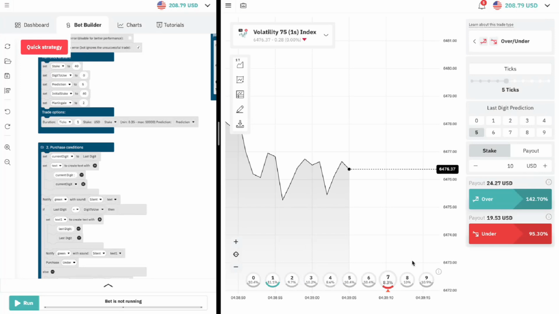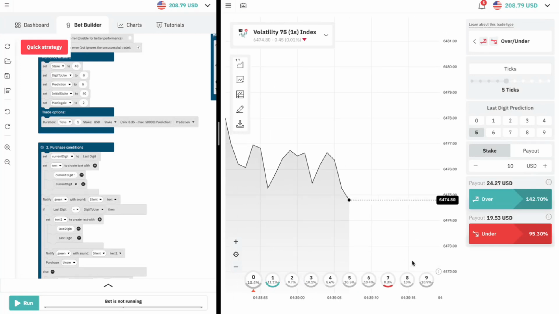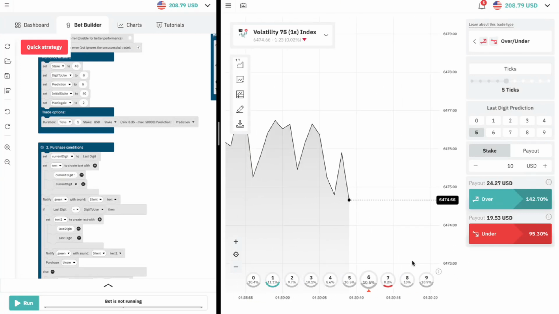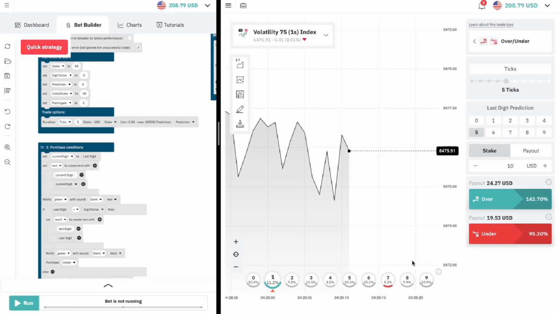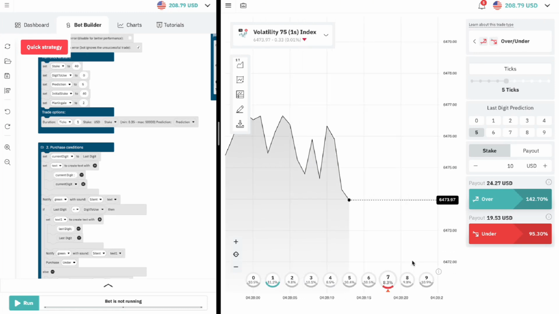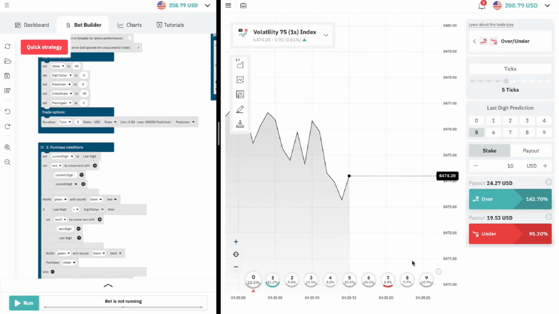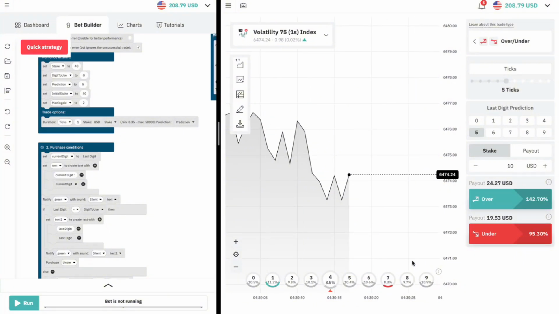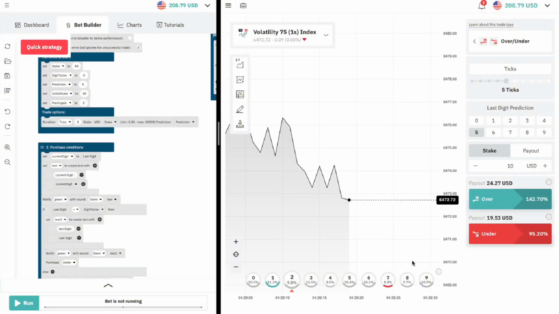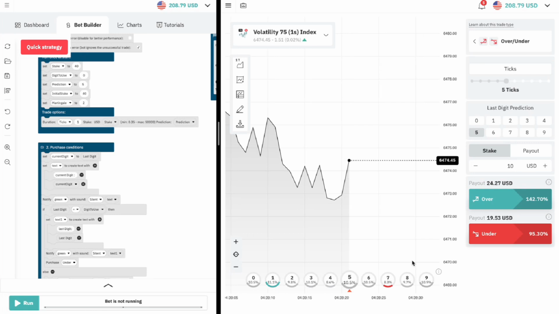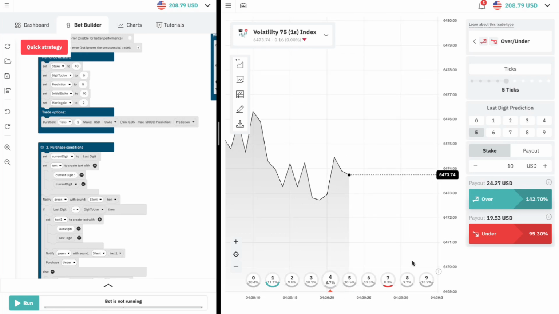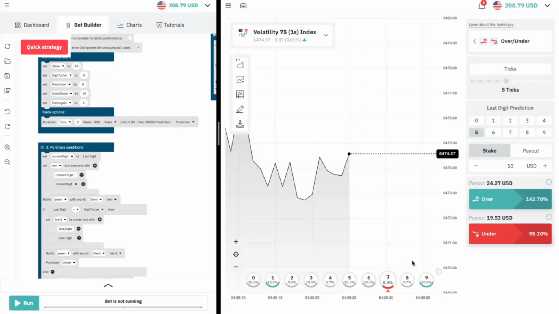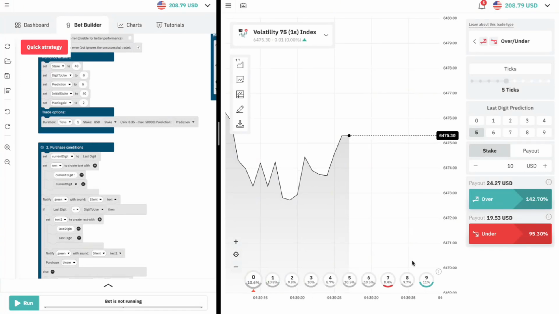This seems also to have started competing with 9. I just saw 9 was the green bar there. And the pattern also doesn't seem favorable. It seems to be going to the over digits. Let's see.